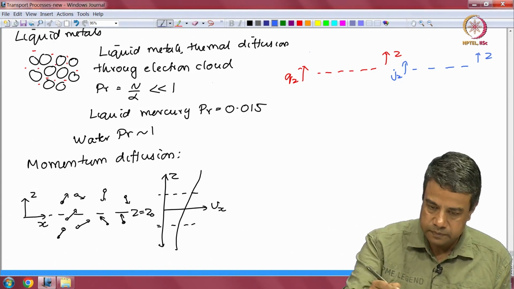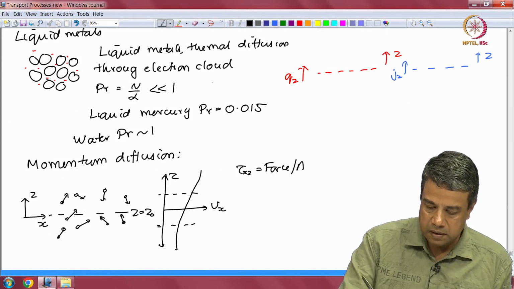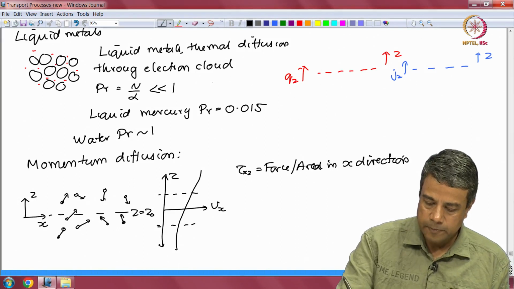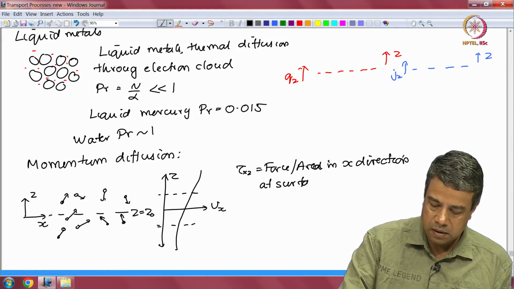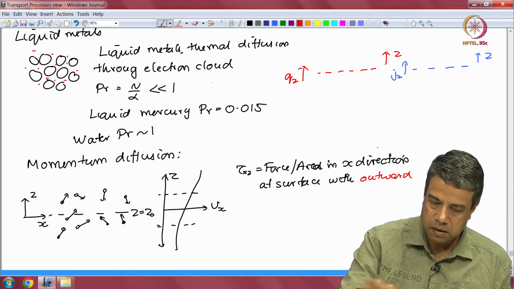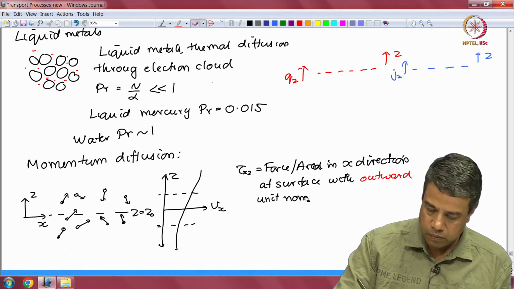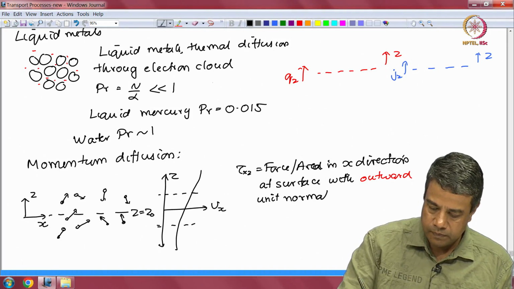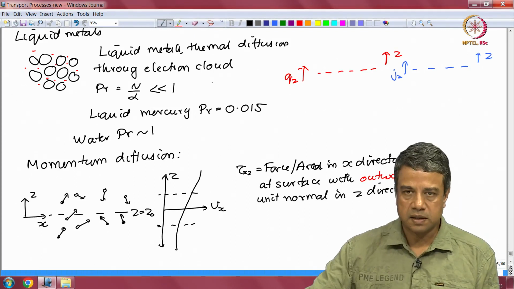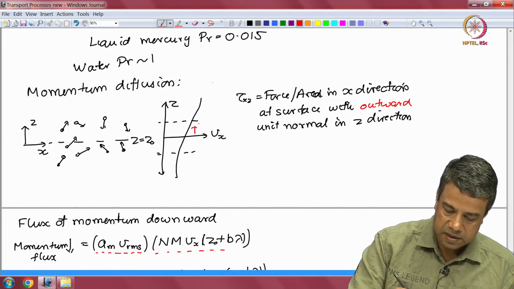Tau xz is equal to force per unit area in the x direction at a surface with outward unit normal in the z direction, that is, the unit normal to the surface is in the plus z direction.